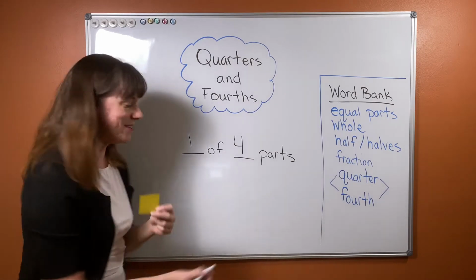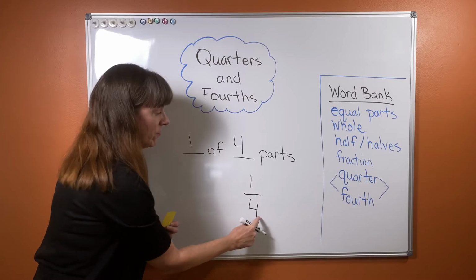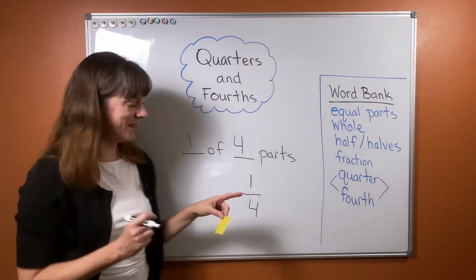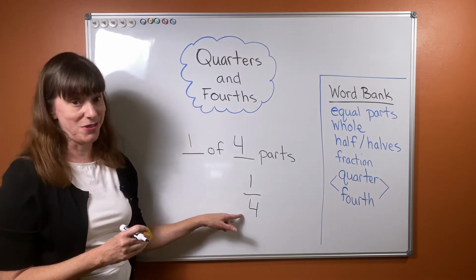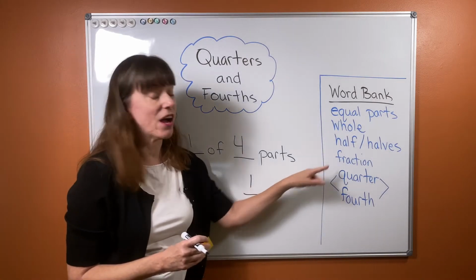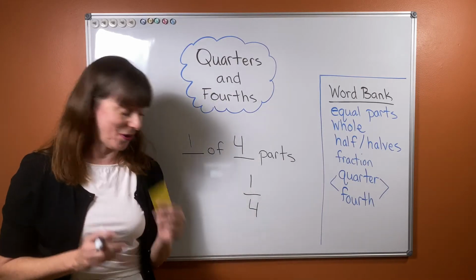Another way to write that: 1 of 4 equal parts. And we would say that is 1/4 or a quarter, and you all know what this is. It's a fraction, 1 of 4 equal parts.